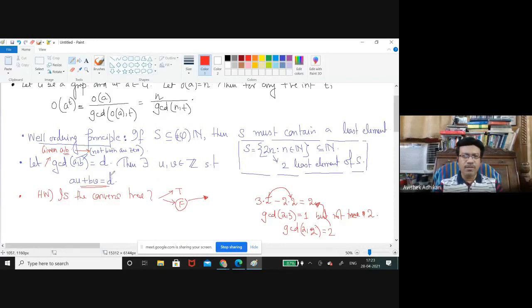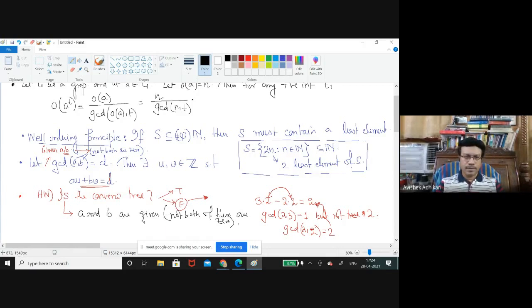If D equals AU plus BV for some U and V, for the given A and B, note that A and B are given, and not both of them are zero.